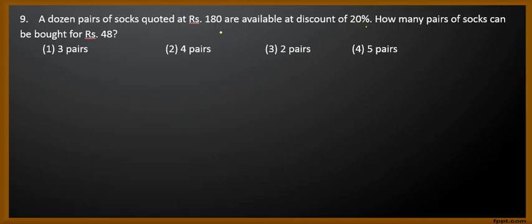It means you have to pay 80% of 180 rupees. Dozen means how much? 12. For 12 pairs, how much you have to pay? 80% of 180 rupees.